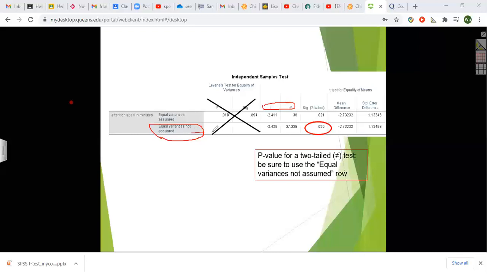So make sure you go to the second row, and record the test statistic t as well as the p-value. Over here I've put the p-value for a two-tailed test. Be sure to use the equal variances not assumed row. This is row number 2. Don't use row number 1. Second row, not assuming equal variances.